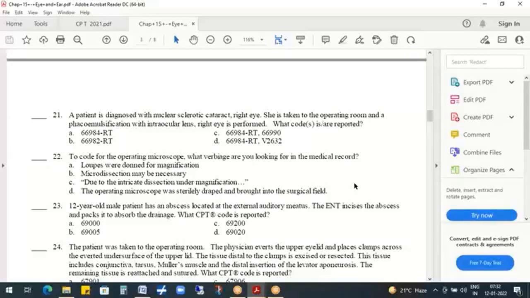The difference, as I said yesterday: if devices are used, then use 66982, like an iris expansion device. Here in this question no device is used, so A is the default answer, code 66984. The difference in those two code descriptions is one uses a complex technique, that is devices, and another is a simple technique.